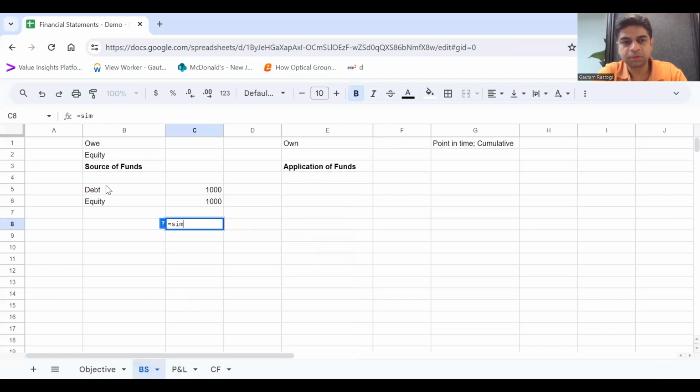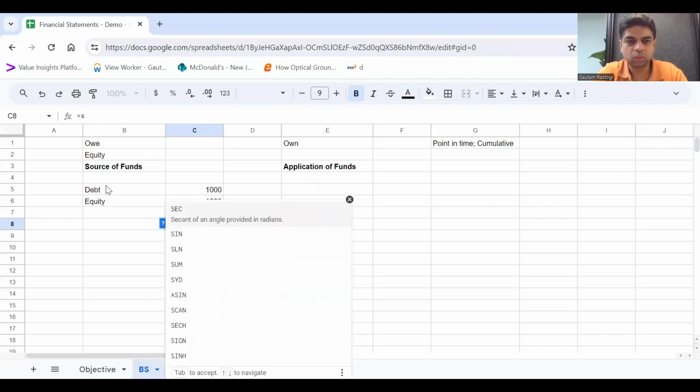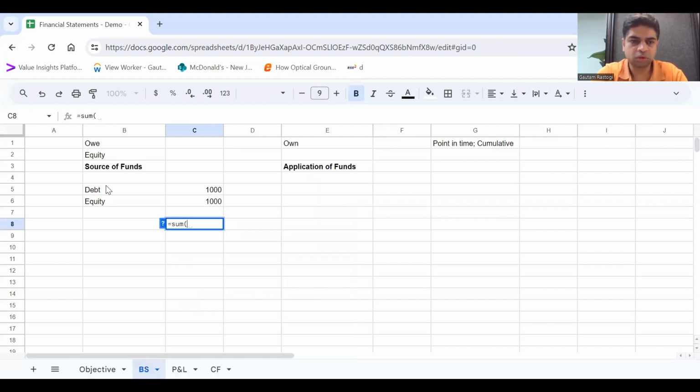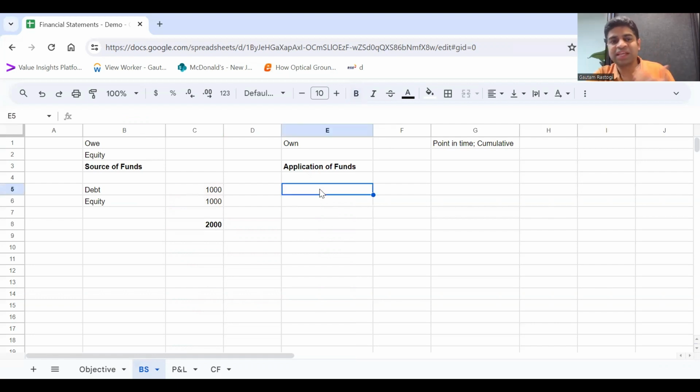So what's the overall source of funds? It's $2,000. That's the amount of money you have. So in the application of funds on the asset side, you'll have $2,000 worth of cash.